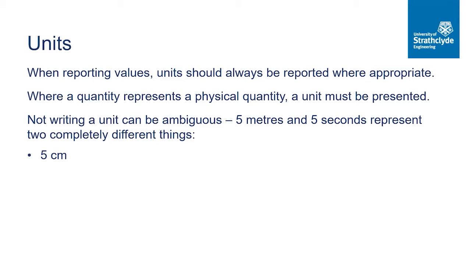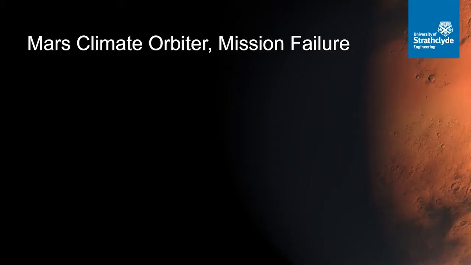We could have 5 centimeters, 5 kilograms, 5 British thermal units, 5 meters per second, 5 per meter seconds, 5 kilometers. Now, these are all completely different physical quantities that may be measured directly or calculated. Nevertheless, the units are vital.